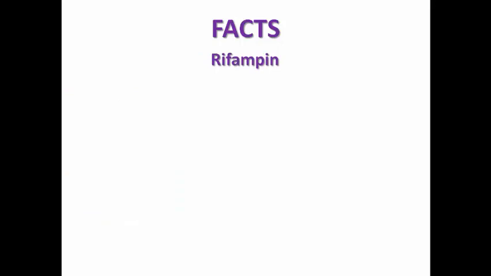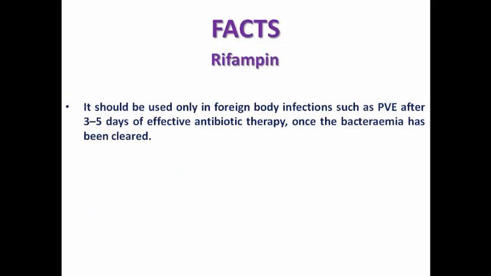Rifampicin, or sometimes called rifampin, both are correct, should be used in case of foreign body infections. The most famous one is prosthetic valve endocarditis. After 3 to 5 days of effective antibiotic therapy, and once the bacteremia has been cleared, use rifampicin. Why?